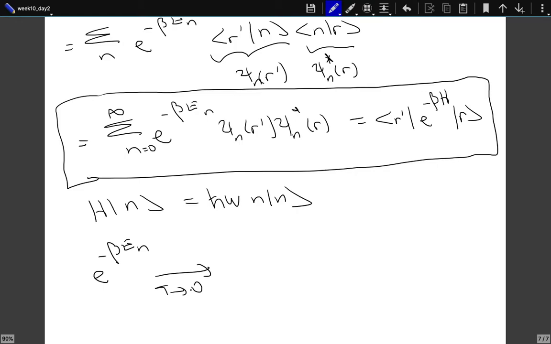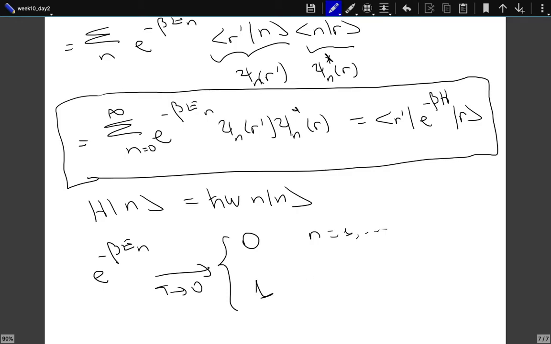E to power minus infinity, En's are either 0 or positive. If En is positive, then it's just e to power minus infinity, which is 0, for n equal 1, etc. But if n is 0, En is already 0. So e to power minus beta En, even before taking the limit, is already 1, and it stays 1.